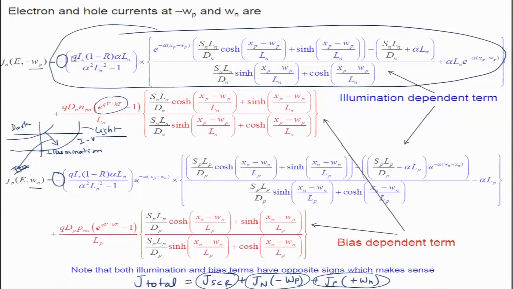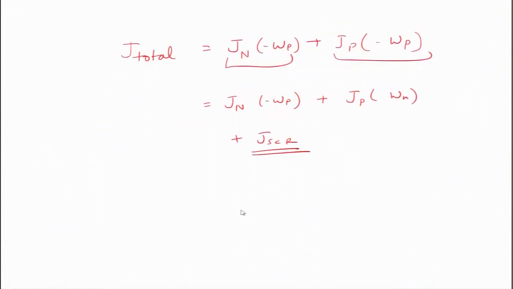So, this is Is here in both the terms. Similarly, you have QV by kT. So, obviously, if you make the illumination equal to 0, it should take us back to the PN junction in dark. So, that should be doable. I will leave that to you as an exercise, that what happens when you make the illumination equal to 0, then the PN junction should work like a PN junction in dark.